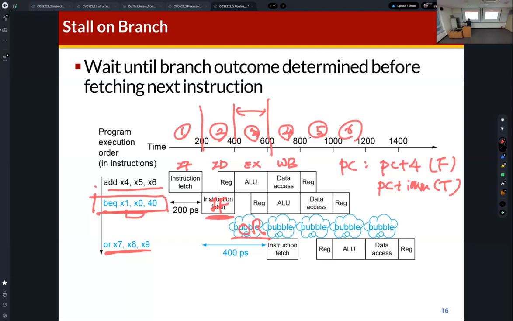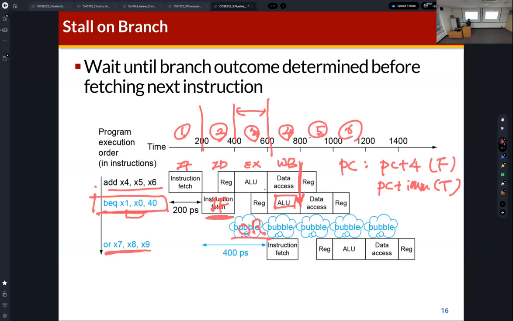Then where is the ALU? The ALU computes in this execution stage. So actually, the result of a branch instruction is calculated by the ALU here, and then the result is determined at this point.